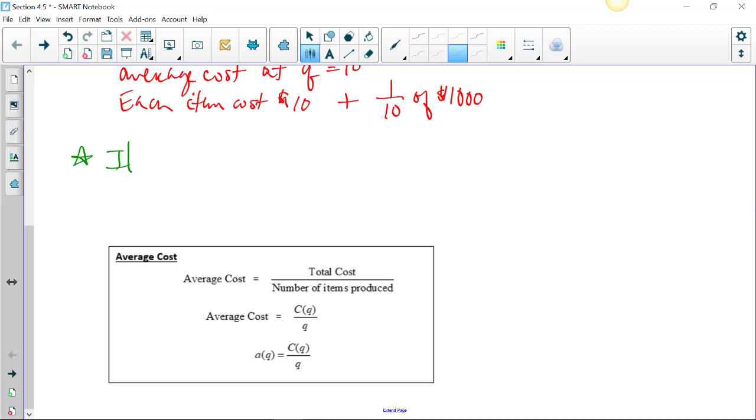So if the cost function is linear, we should make as many items as possible.